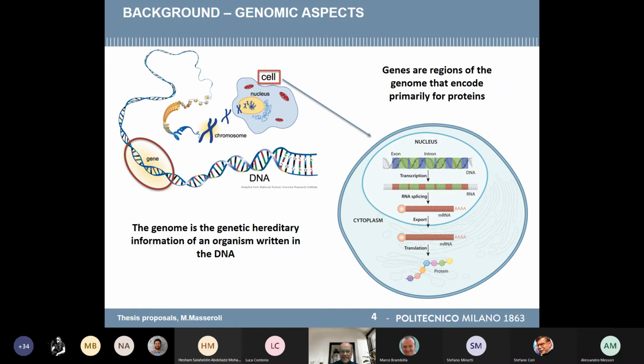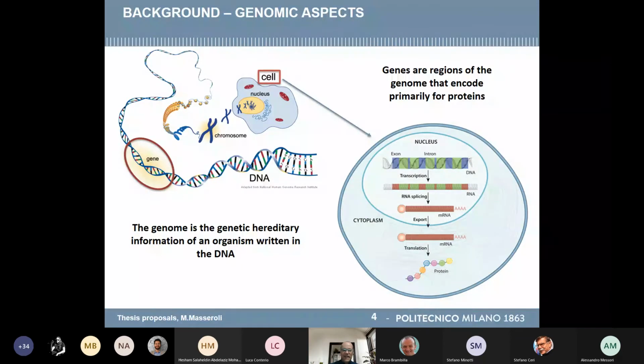For what regards the thesis applied on cancer genomics, the background is related to the knowledge of the genome, of our genome, as mainly identified by the DNA, which is a sequence of many elements, actually only four different elements, but a very long chain of these four elements.